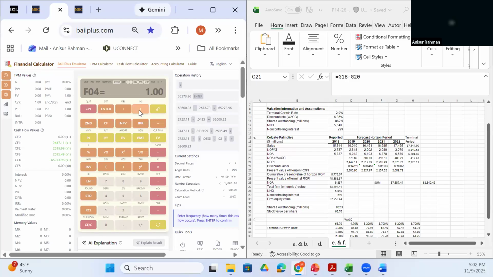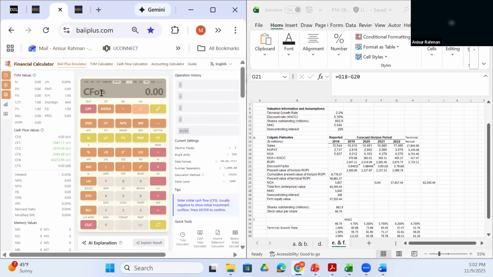We don't have any other cash flow. And the PV interest rate is 6.35. Enter. Down arrow, it shows NPV 0 because we did not press compute yet. We'll compute: 57,712.64.